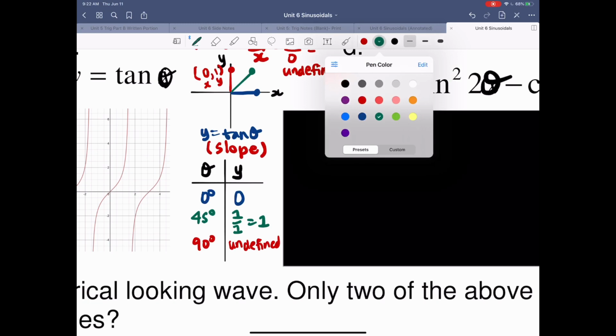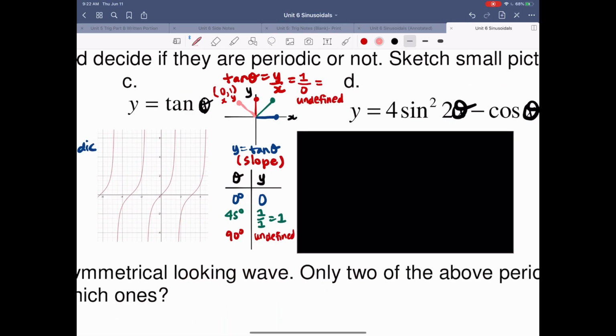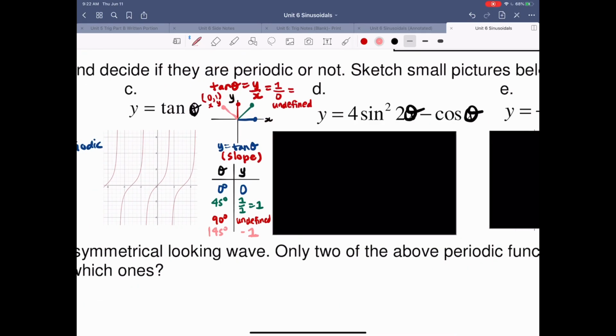So 135 degrees. Well, I get that 135 degrees over here. And for 135 degrees, again, it's easier looking at it as a slope. It'll have a value of -1, because the slope for that line is -1.